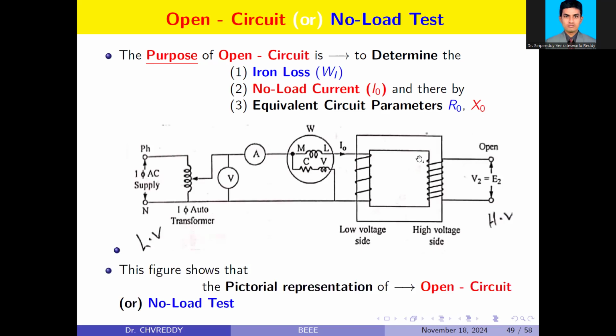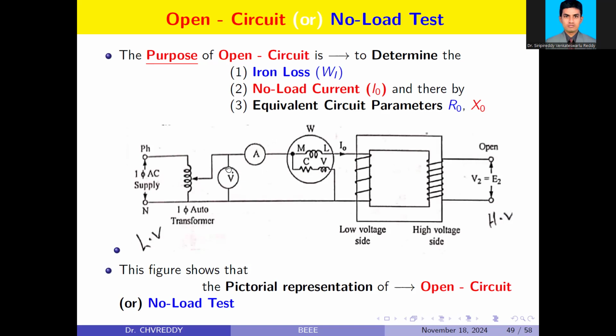This figure shows the pictorial representation of the open circuit test or no load test. From the figure we observe that it has one transformer, one auto transformer, and three meters. One is the voltmeter, the second is the ammeter, and the third is the wattmeter.